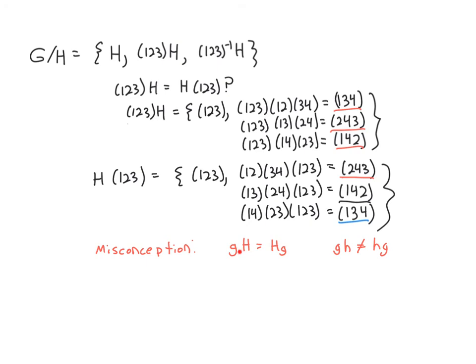So the left coset's equal to the right coset, but that doesn't mean multiplying elements of little h times elements of little g commute. What this says is that when you have little g times little h, then you're going to be able to get little g times little h prime.